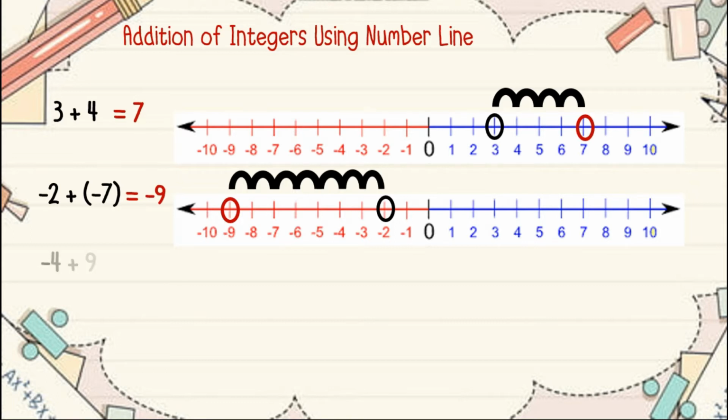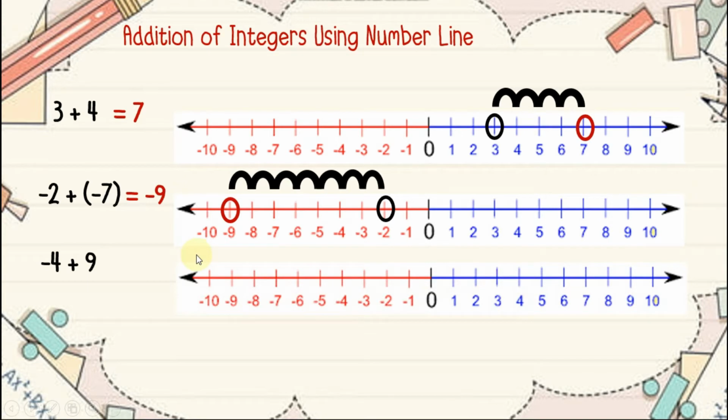Let's have another example. Negative 4 plus positive 9. Negative 4 is located 4 units to the left of 0. We are adding a positive number, so our movement will be to what direction? Correct, we're going to move to the right.